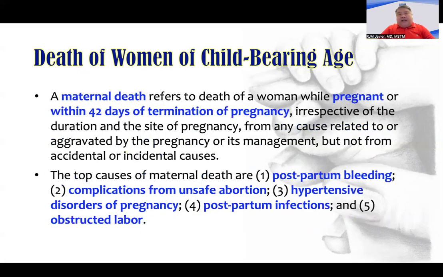Now, a maternal death refers to the demise of a woman while pregnant or within 42 days of termination of pregnancy, regardless of the duration or the site of pregnancy, let's say ectopic man yan or uterine pregnancy, or any cause related to or aggravated by the pregnancy or its management, but not from accidental or incidental causes.